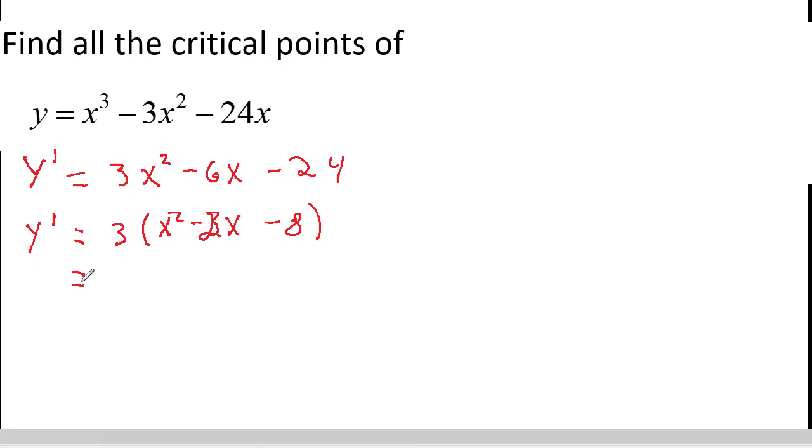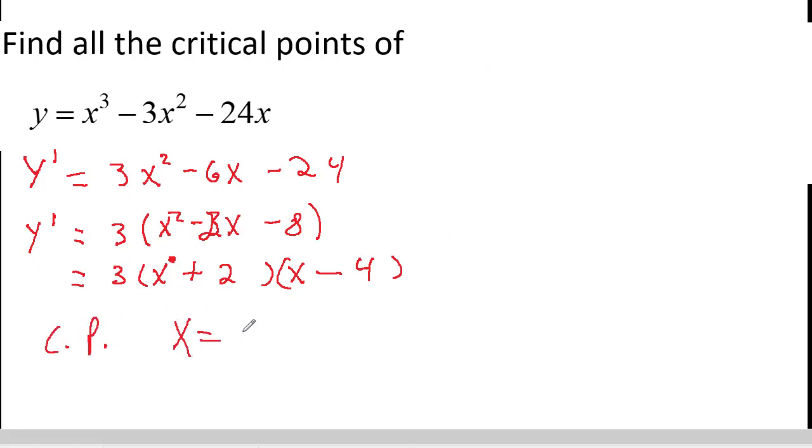We can continue factoring, and then we get 3 times, it's a trinomial, so we put our two binomials. x squared only comes from x and x. The minus comes from plus and minus. We're looking for numbers that multiply together to make 8 and subtract to make 2, 4 and 2, but we want to end up with a negative. So we end up with x plus 2 times x minus 4. And so then our critical points are x equals negative 2 and 4.